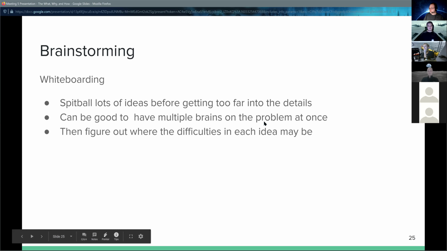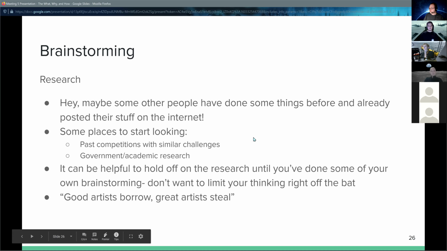Quantity is great in this step. Lots of brains on the problem at once to make sure you don't lose any possibilities. And then you can go later and pare down and see what is actually good. Once you've kind of gotten your ideas out, then it's a good time to start looking at what other people have done.